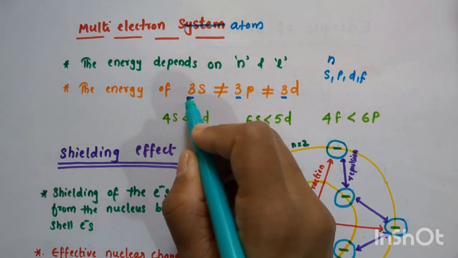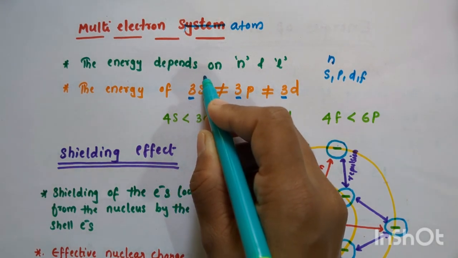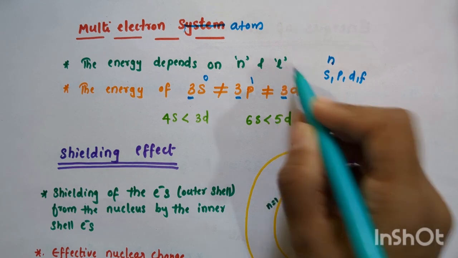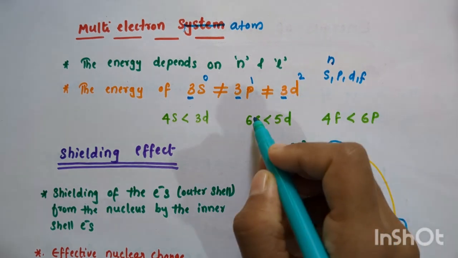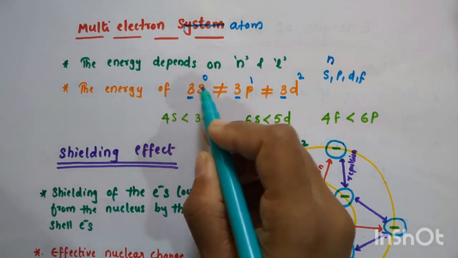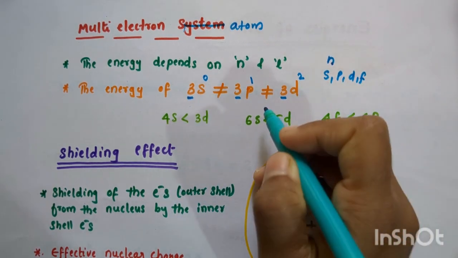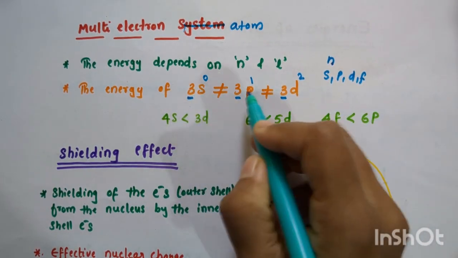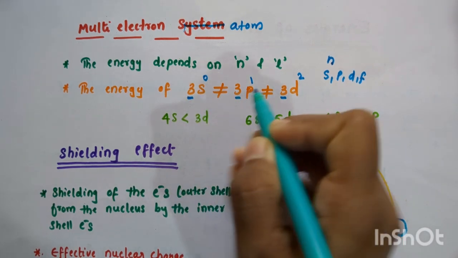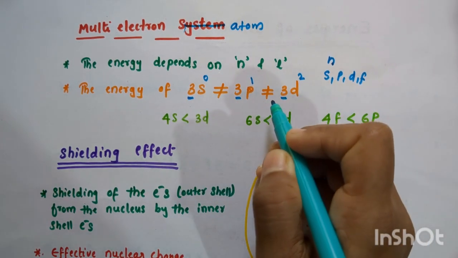But what about their azimuthal quantum number? For s it is 0, for p it is 1 and for d it is 2. So for a given value of n, s, p, d, f etc. all have different energies. That is, the energy of 3s is not the same as the energy of 3p, which is not the same as the energy of 3d.